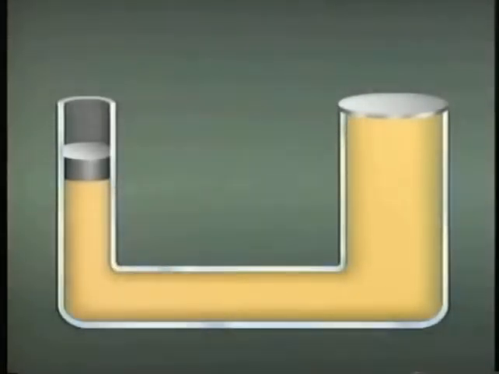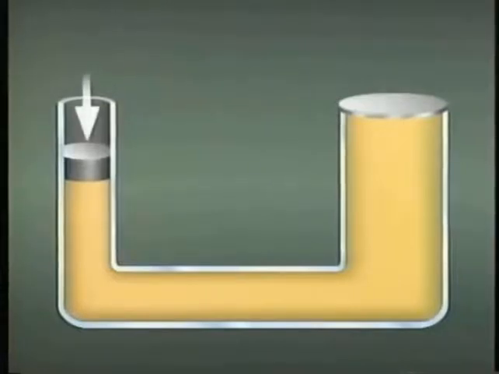This illustration includes two containers with hydraulic fluid. The containers are connected by a line that provides a flow path between them. One container is wider than the other. We'll see why a little later. This container has a piston inside, and this one is sealed at the top, confining the fluid inside.